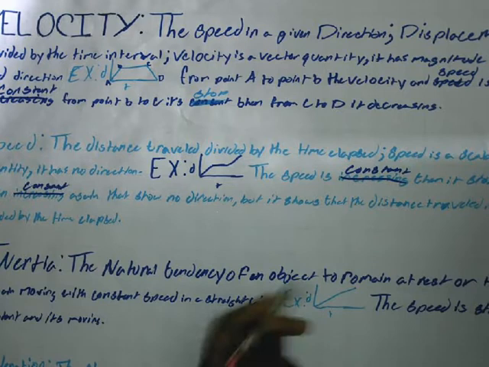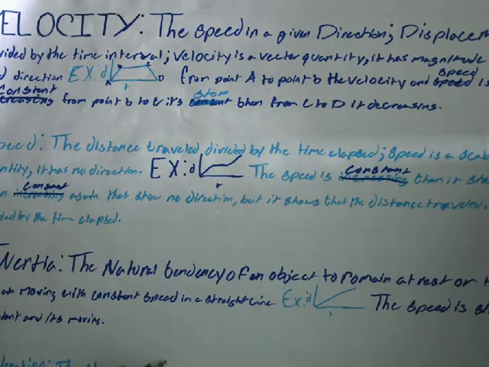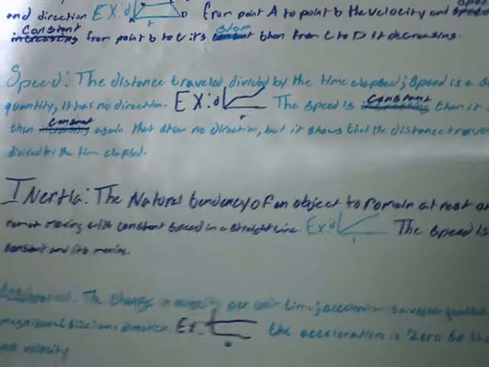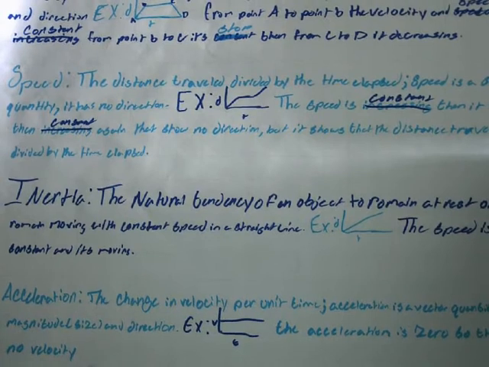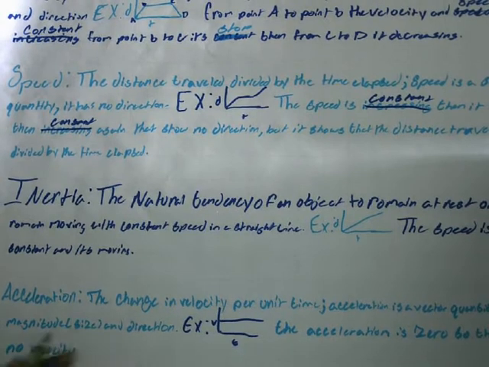The acceleration, this is my favorite. So is inertia, but this is the most. The change in velocity per unit time. Acceleration is a vector quantity. It has magnitude, size. Let me think about this real quick because it's a big one.